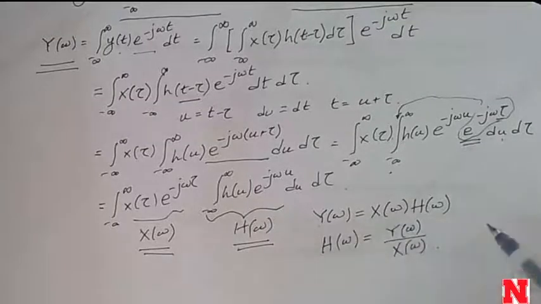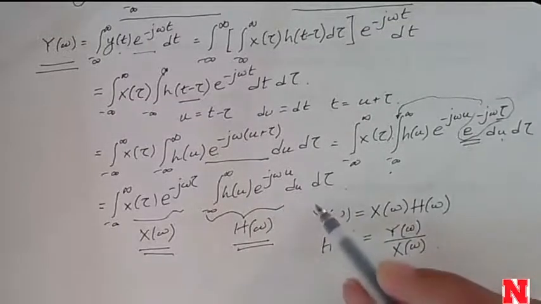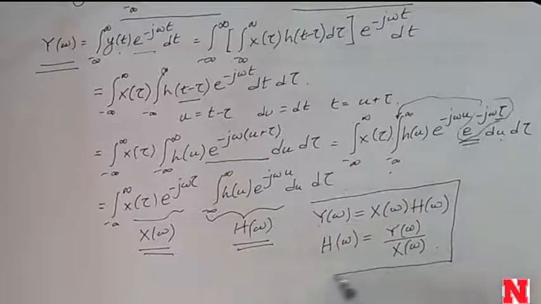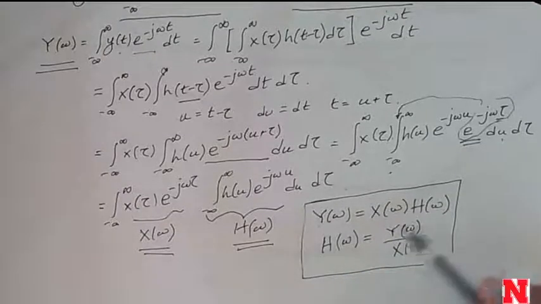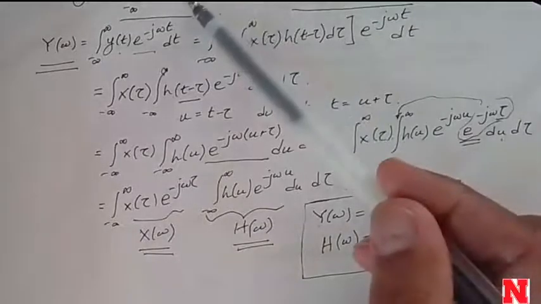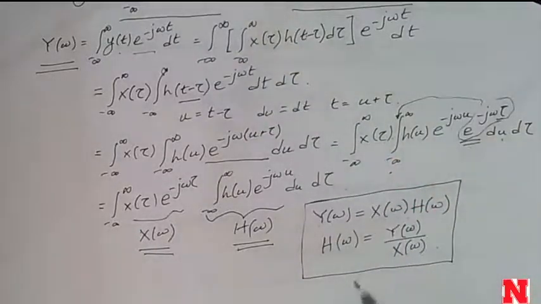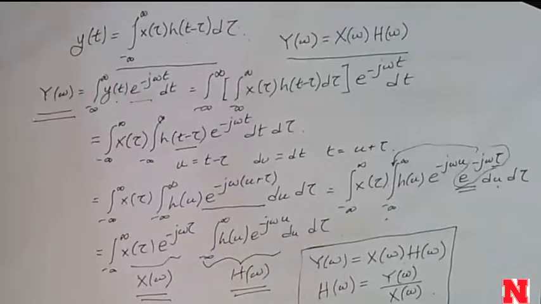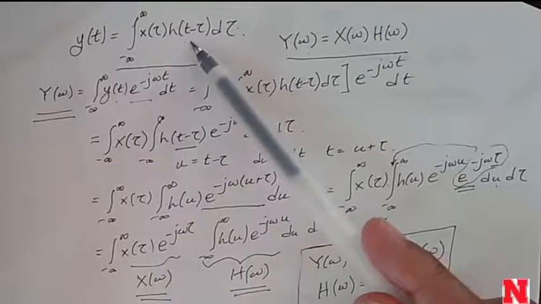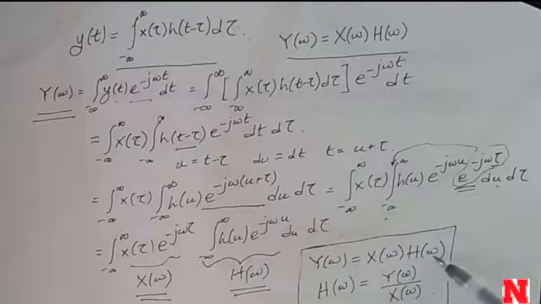Right, so that's really nice. And this is something that you will use many, many times in your career. But remember that it actually came from the convolution integral, right? So we started out from the convolution integral and we ended up with this equation here. Okay.